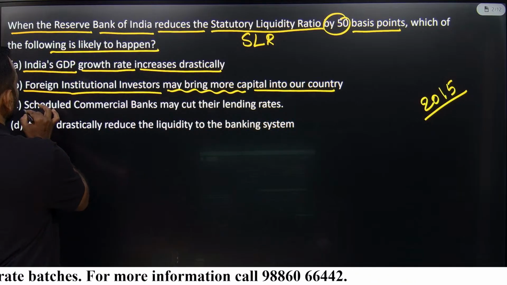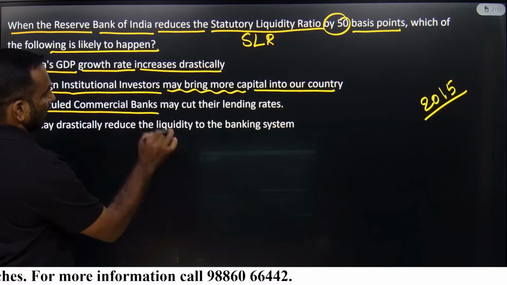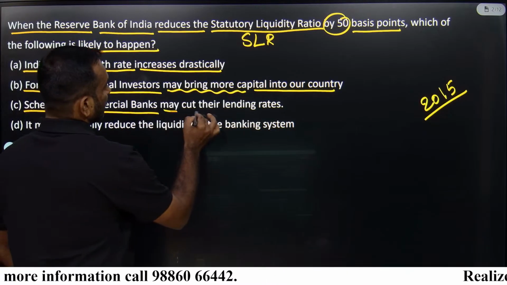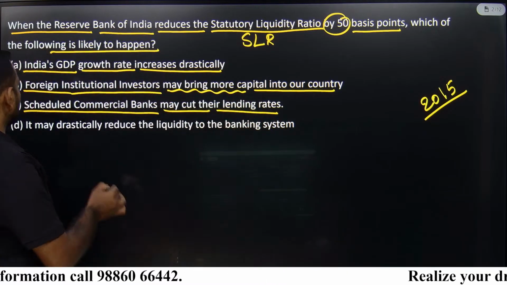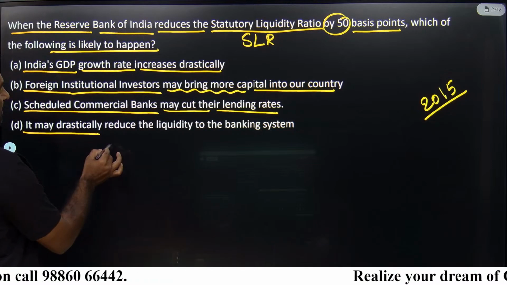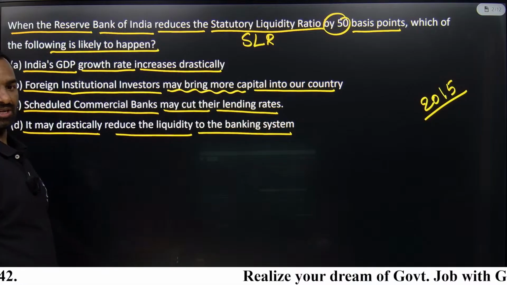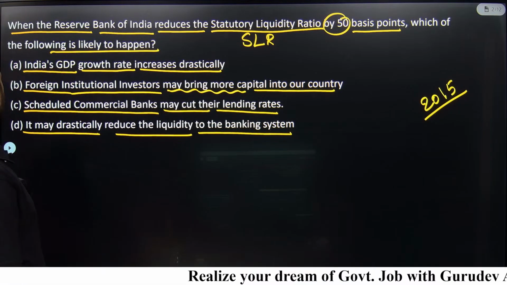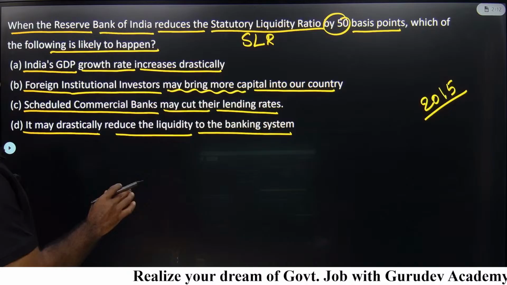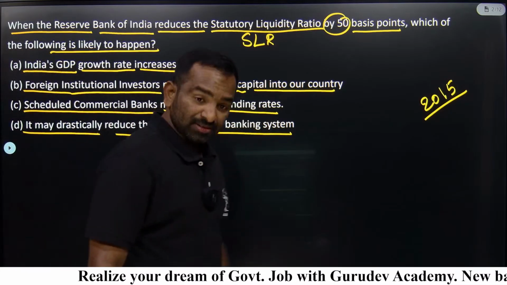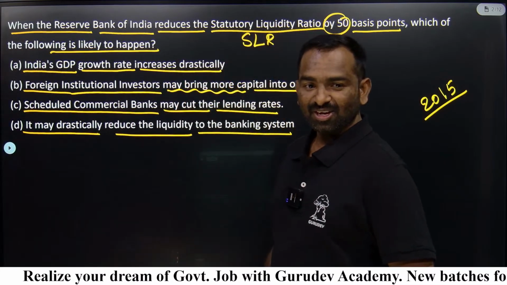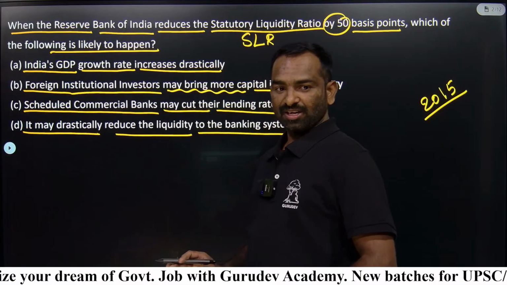And third, scheduled commercial banks may cut their lending rates. And fourth one, it may drastically reduce the liquidity to banking system. So these are the options. Let's discuss first, then I'll tell you the answer, okay.